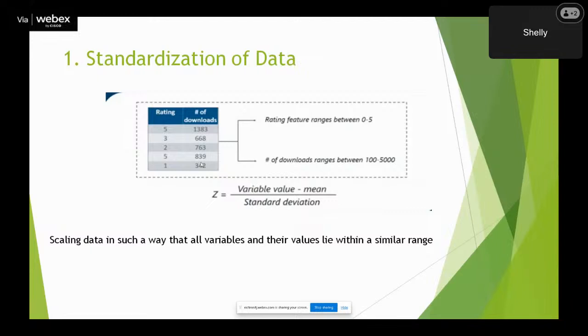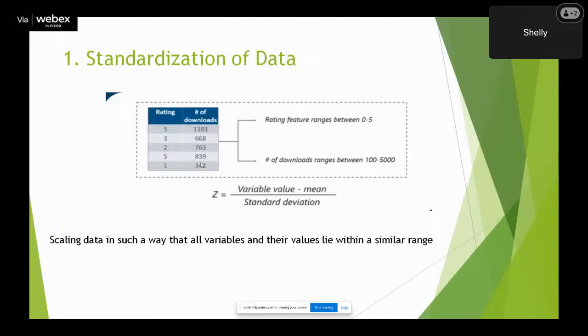So it's okay, I can move around within that particular range. Now, the number of downloads, suppose, ranges from 100 to 5,000, right? The range is so big.